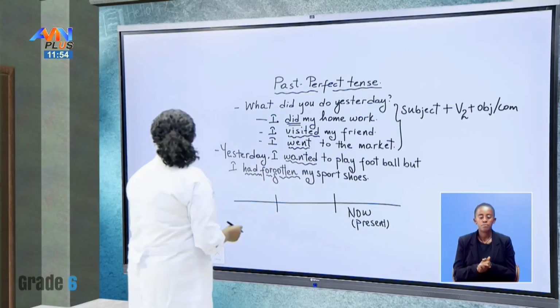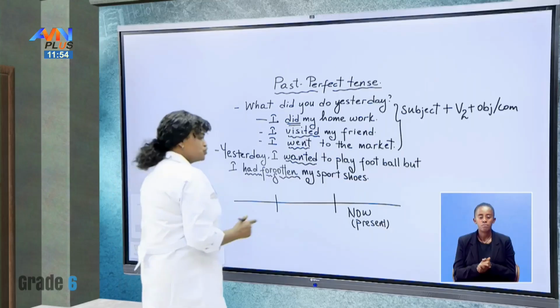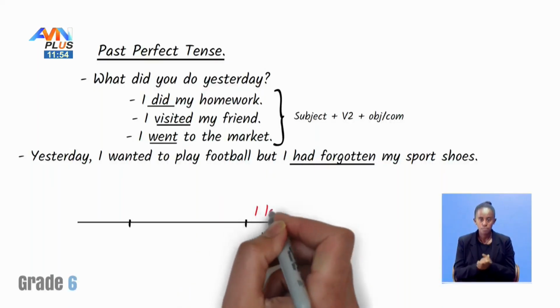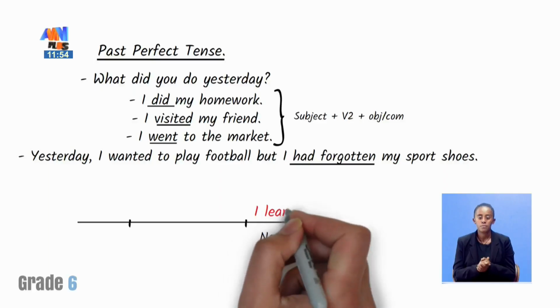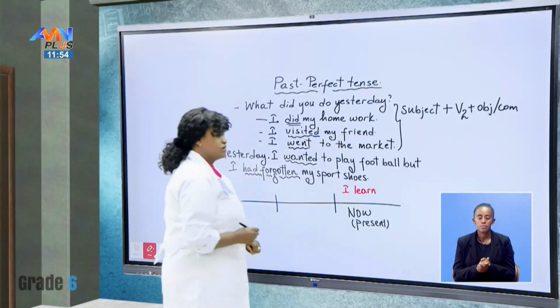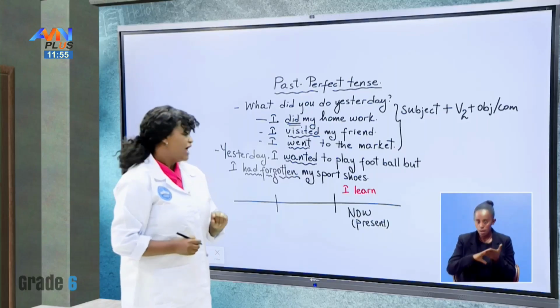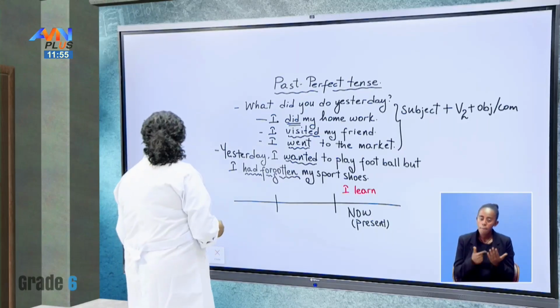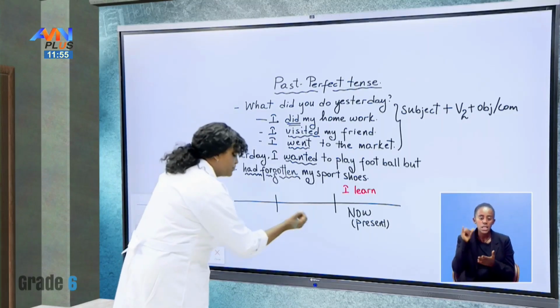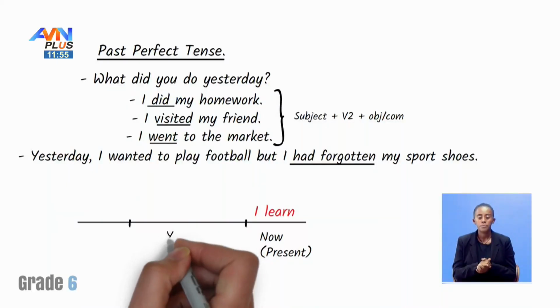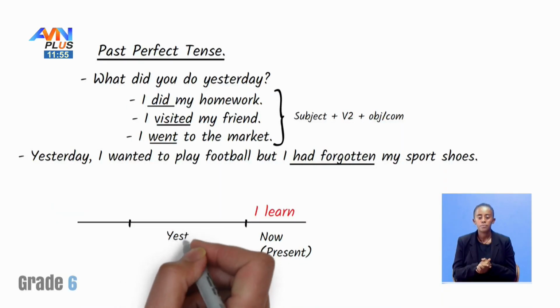Let me write it with a red pen because I want you to focus, all right? Learn. You say what? I learn. Okay. What do you do? I learn. How about yesterday? Okay? Yesterday. That is the second time phrase.